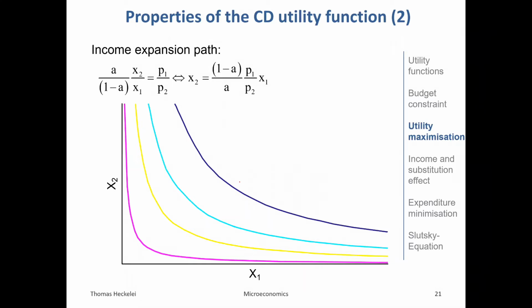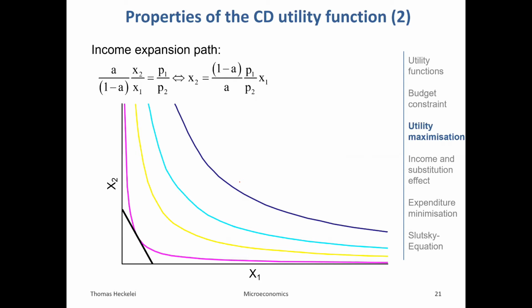Let's move on to the second property, which has to do with the income expansion path. So what is the income expansion path? It is the line connecting all the optimum points when income changes.